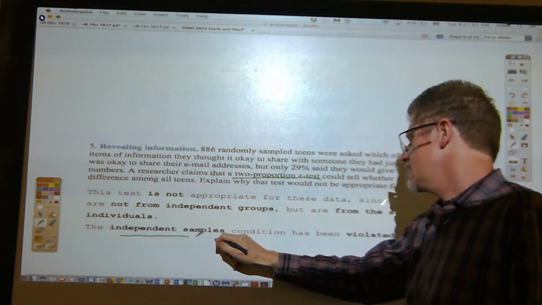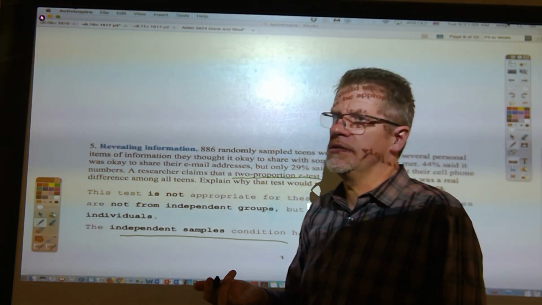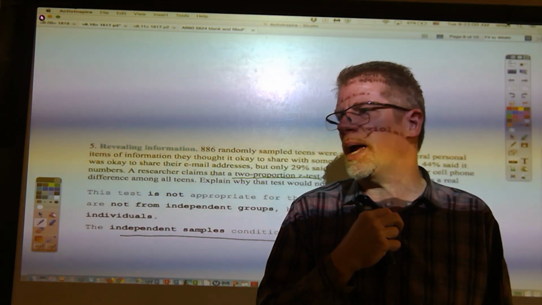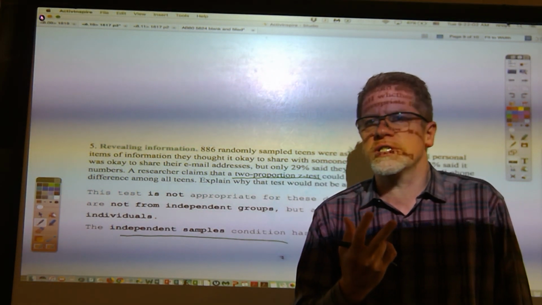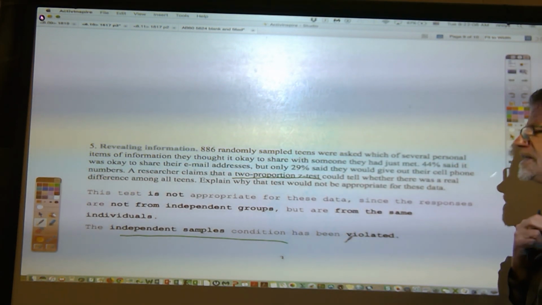The independent samples condition has been violated, so we have no basis building a two-proportion z-interval, or a D trap for short. We have no justification for building a D trap and attributing any significance to it.